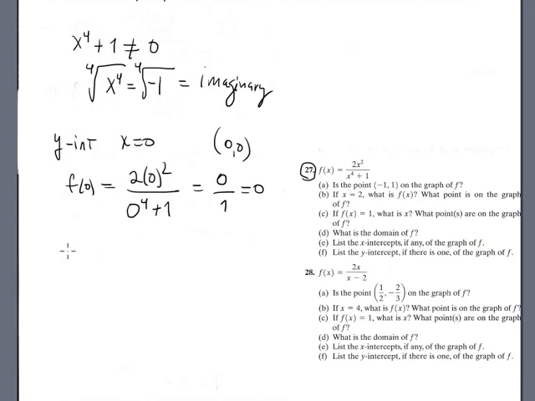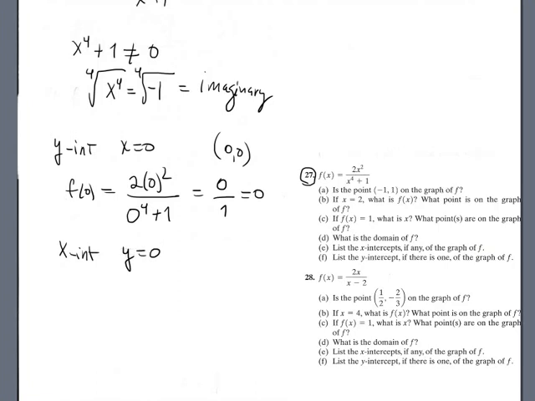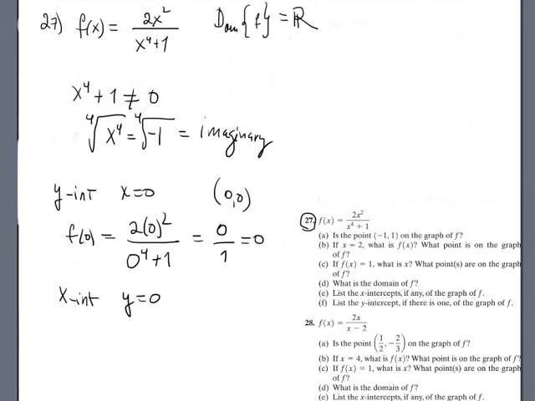This is the origin. And now the x-intercept: the condition is y equals 0, and this is the rational expression 2x squared over x to the 4th plus 1 equal to 0.